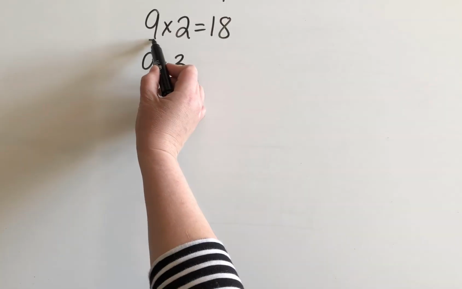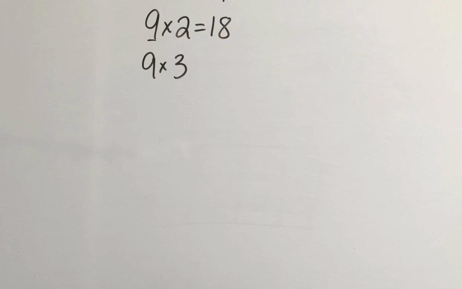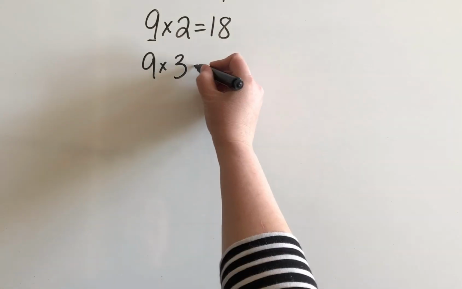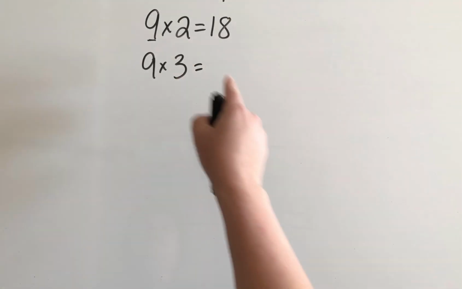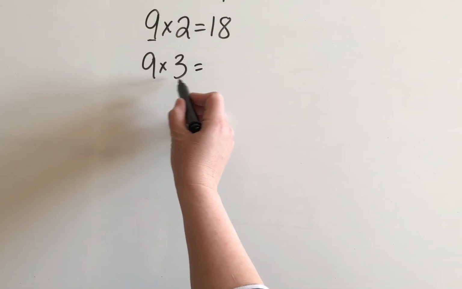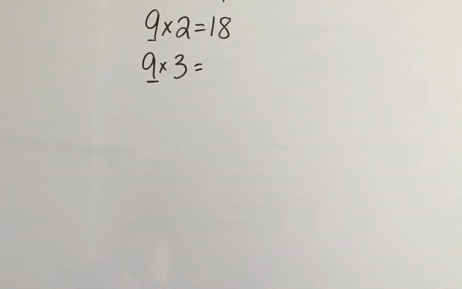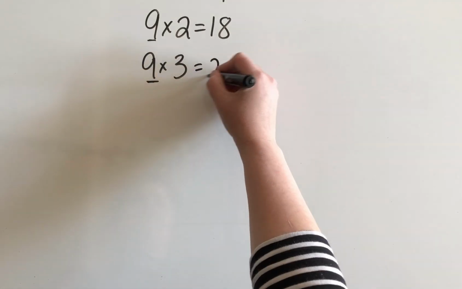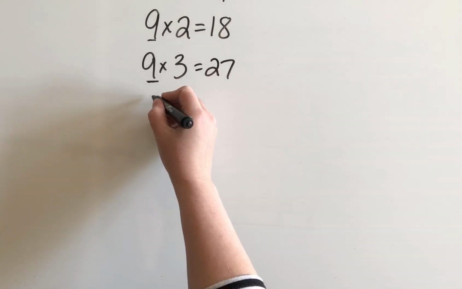Because we only wanted 9 groups of 2, not 10 groups of 2. 9 times 3. Let's start with 10 groups of 3, which makes 30. And then let's take away one group of 3, because we only want 9 groups, not 10 groups. So 30, take away 3 is 27.